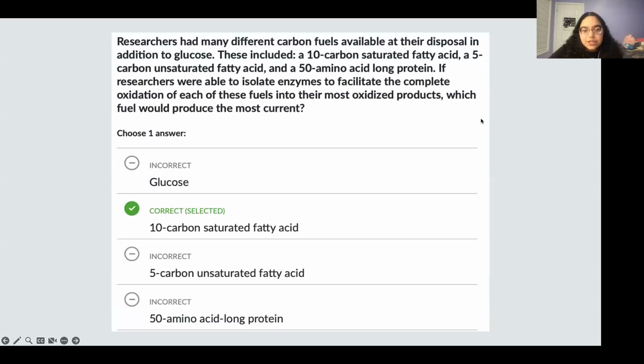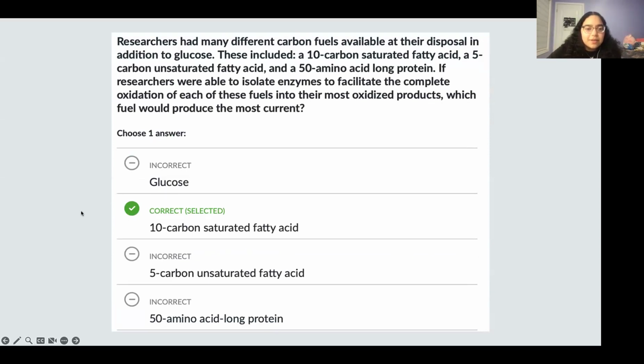For this question, the 10 carbon saturated fatty acid, because of the amount of electrons, more electrons will be more current. What is most reduced is also what can undergo the most oxidation, and that would be the 10 carbon fatty acid. Those CH bonds have a lot of electrons.